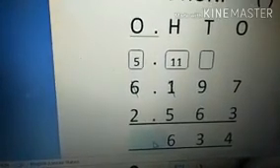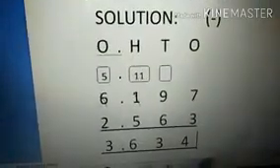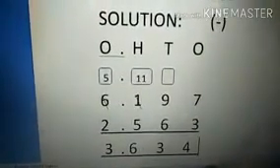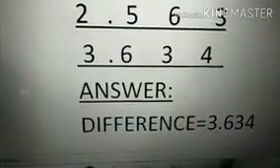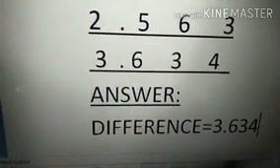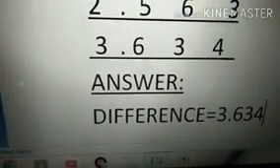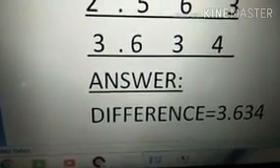You should keep the decimal point. That is very important. So children, our answer is 3.634. So the answer here for subtraction, I write difference is equal to 3.634.